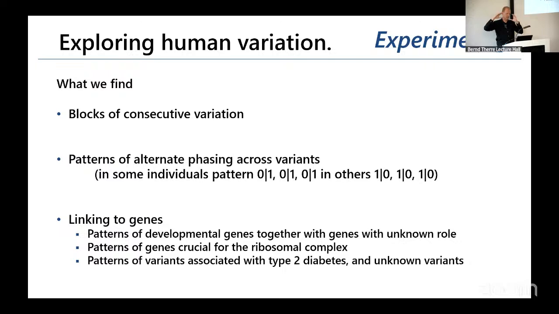We find, let's say, A, B, C, D, and they have known roles in developing a cell, but together with genes E and F, which are not documented in the literature. But if you look at the data, they're very strongly correlated to exactly this set of A, B, C, D. Individually, just to A, just to B, just to C, not so much. So that they were hidden in the noise is totally understandable.